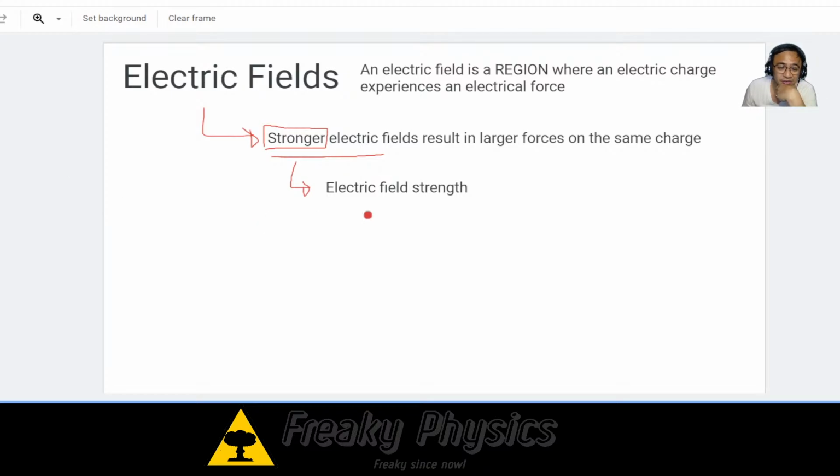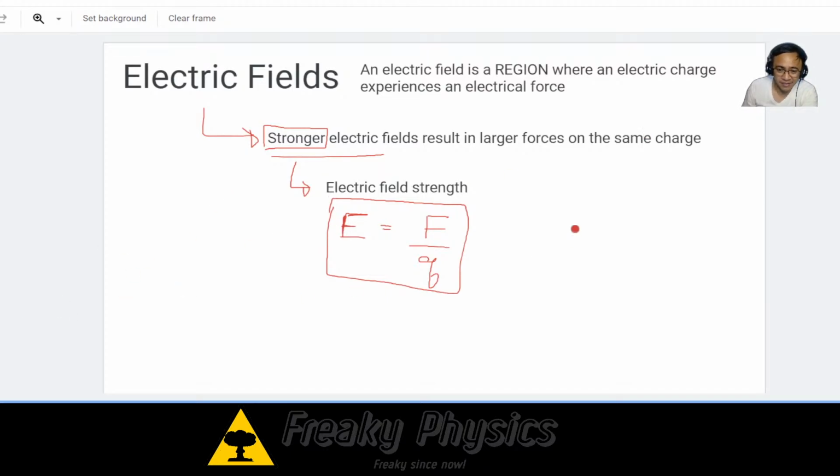By definition, the electric field strength, as you mentioned earlier, is equal to the force per unit charge. The bigger the force on the same amount of charge, the bigger the electric field strength. Now, so that's the thing you've learned. What exactly does it mean?